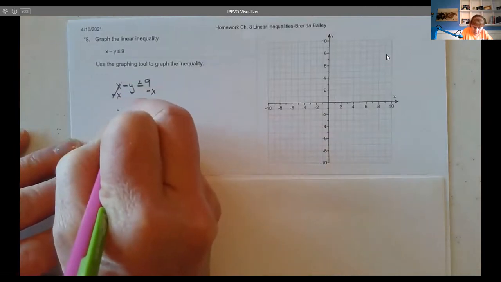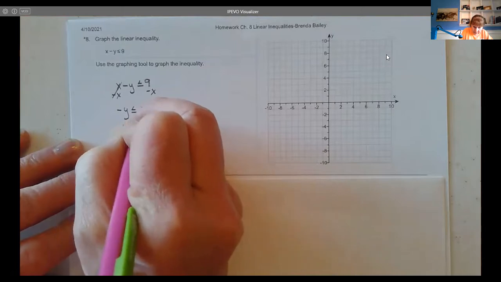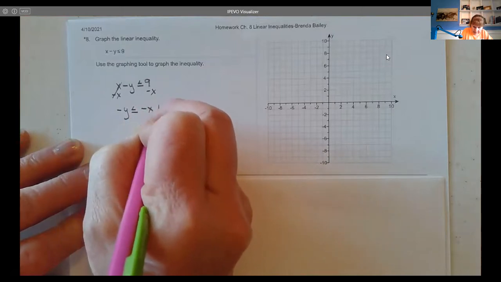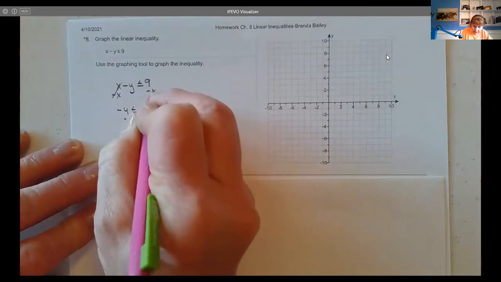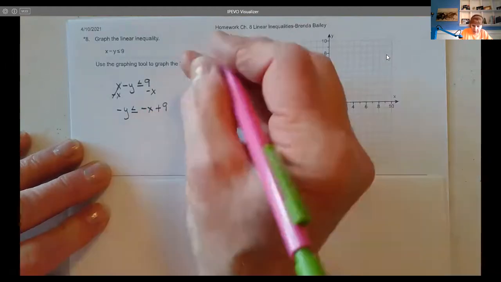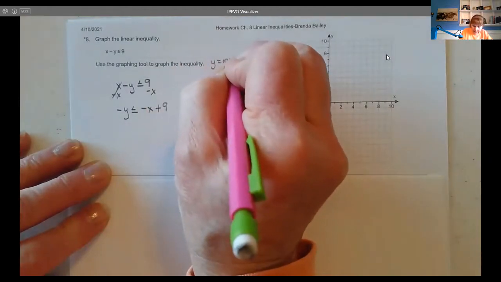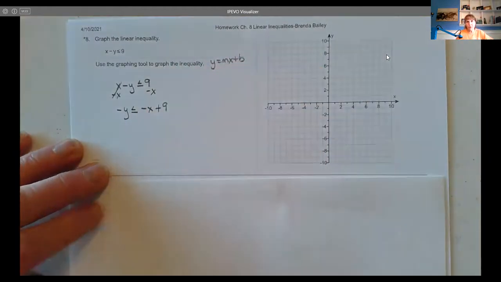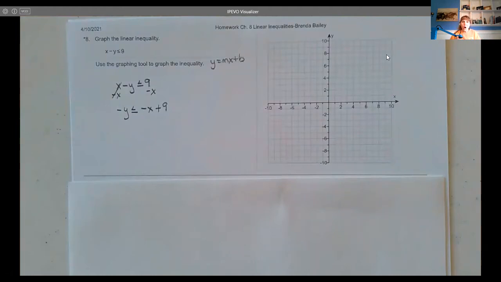Negative y is less than or equal to negative x plus 9. I have to keep those separate, and I am putting the x first so that it matches this guy right here with where we have the x first. Okay, we have to get rid of that negative in front of the y. So we're going to divide everything by negative 1.